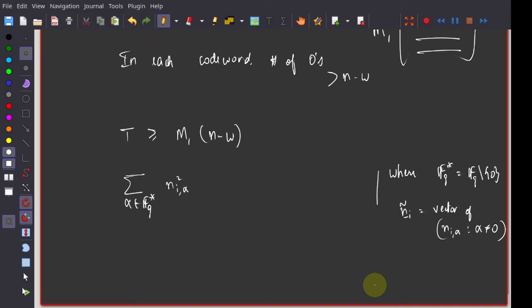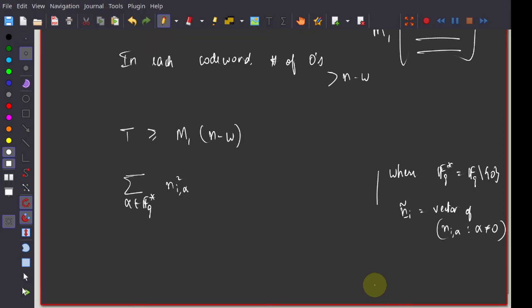Remember, for each field element I have a number, right? So originally n_i was a q-length vector. So now what will it be? q minus 1.